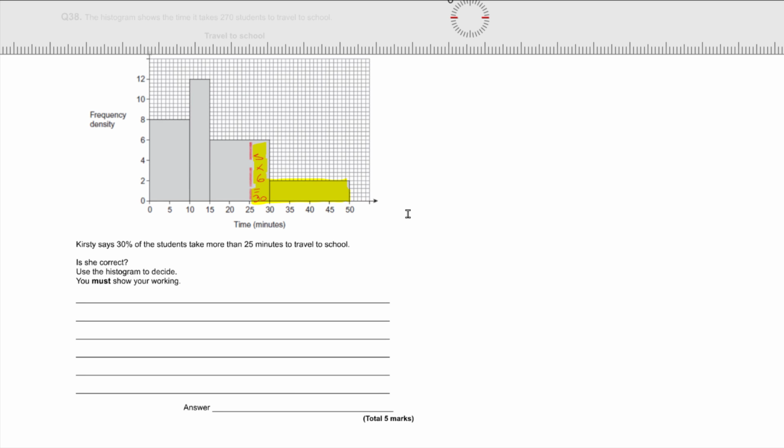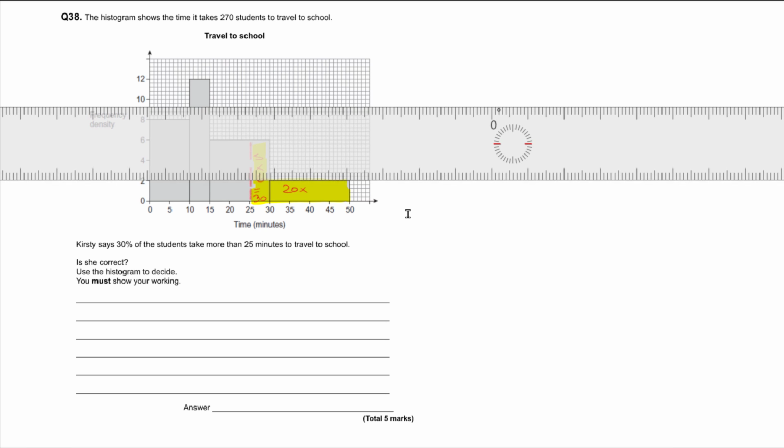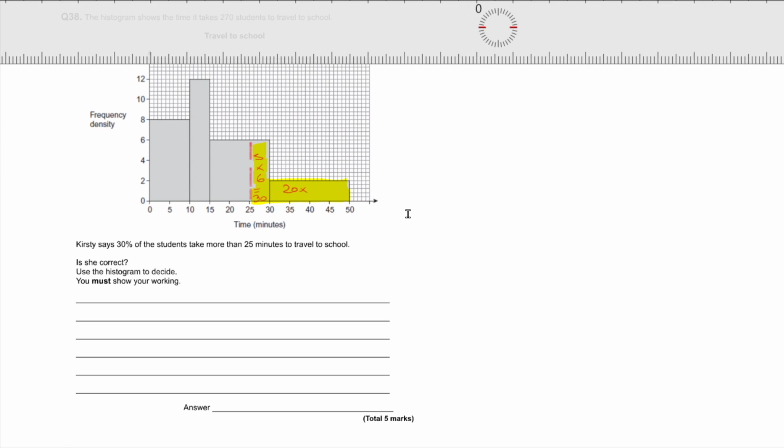And then the other bar has got a width of 20 and a height of, seems to be exactly 2. 20 times 2, so that represents 40 people there. Okay, so we got 30 and 40, so number of students, it's going to be 30 plus 40 from the 2 bars, that's 70.